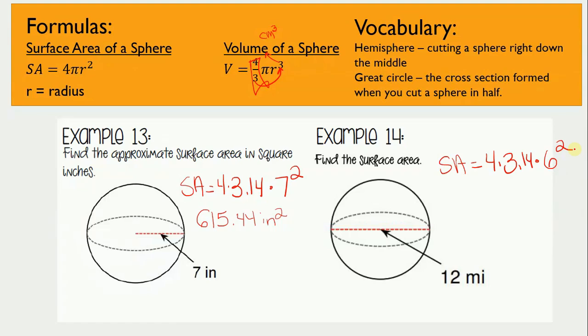So surface area, 4 times 3.14 times 36, that's 6 squared. So my answer for my surface area is 452.16, and then it's miles squared.